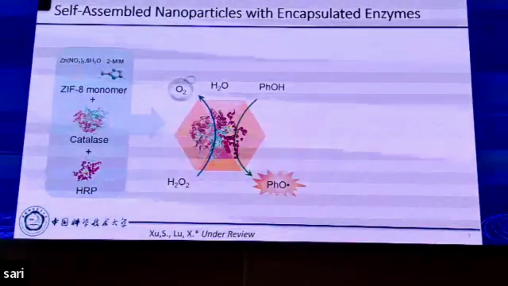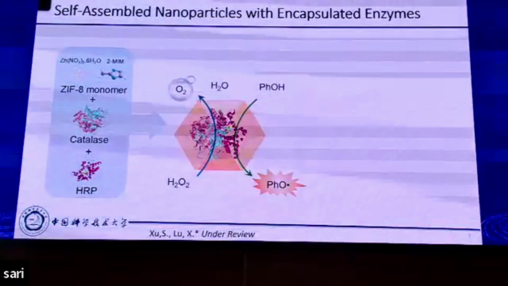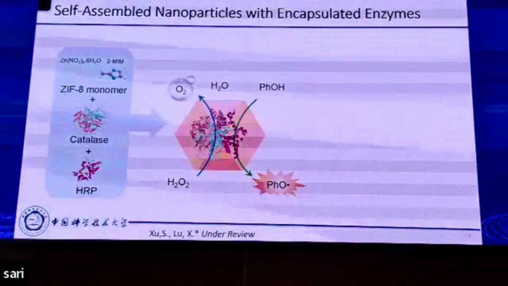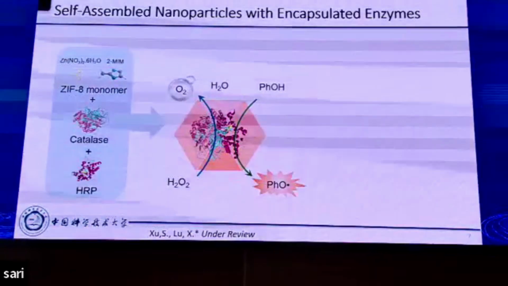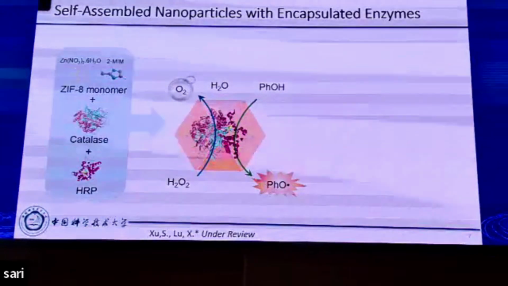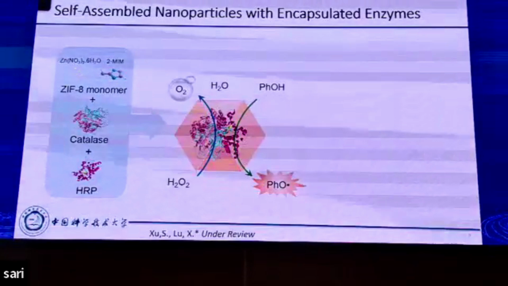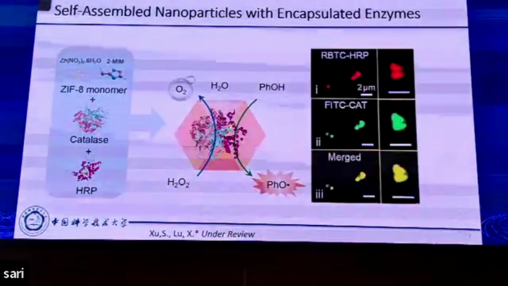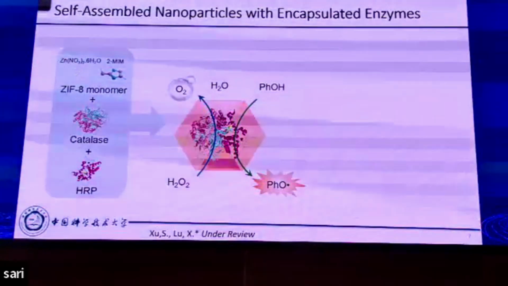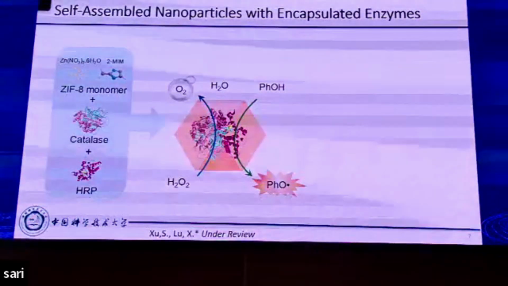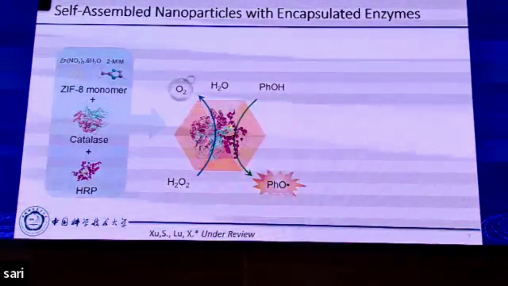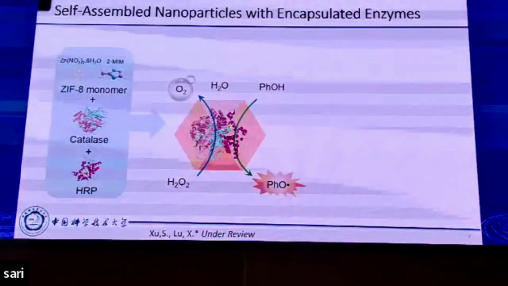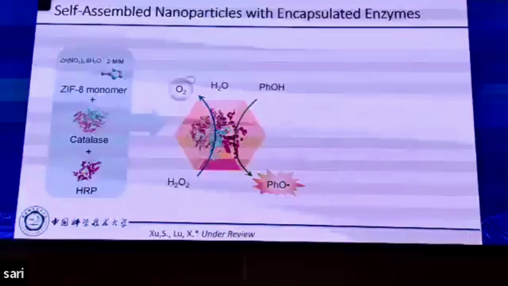The catalase catalyzes the decomposition of hydrogen peroxide into oxygen bubbles, so these nanoparticles can move around in the solution phase. For HRP, we know it can decompose hydrogen peroxide and transfer electrons, so we are able to decompose phenolic compounds into other chemicals.